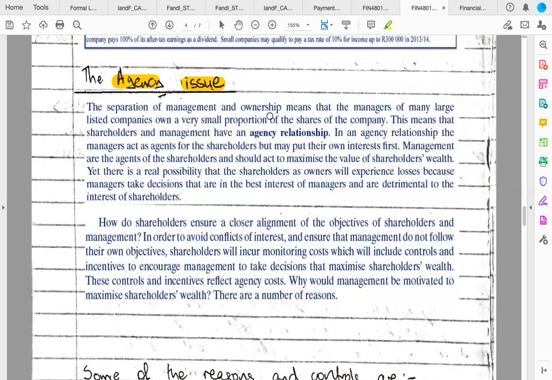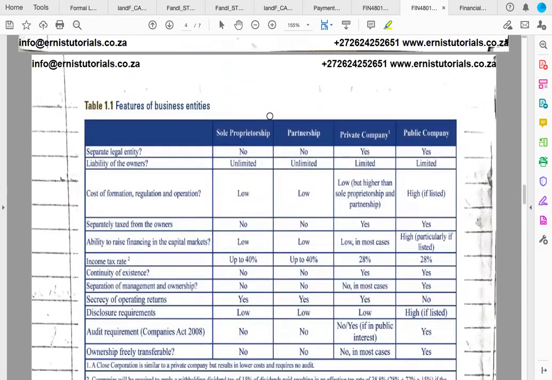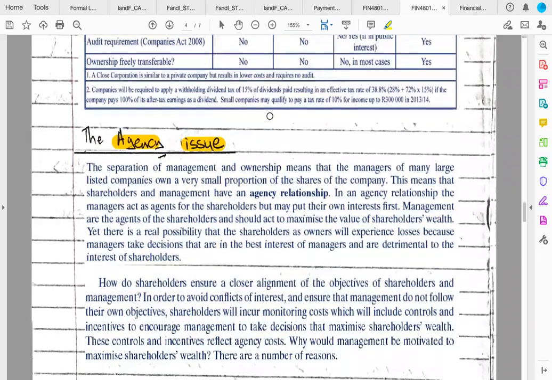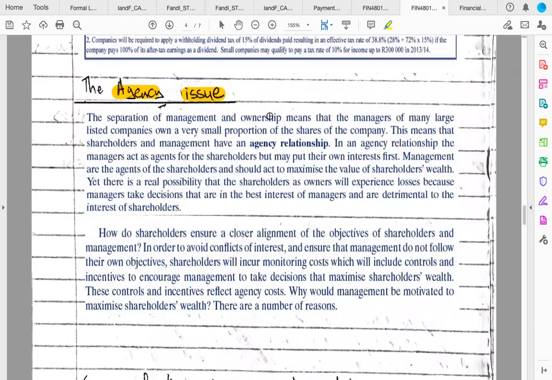In a sole proprietorship, or in a partnership, or in a private company, the individuals who own the company are also the managers. So there's no agency issue.